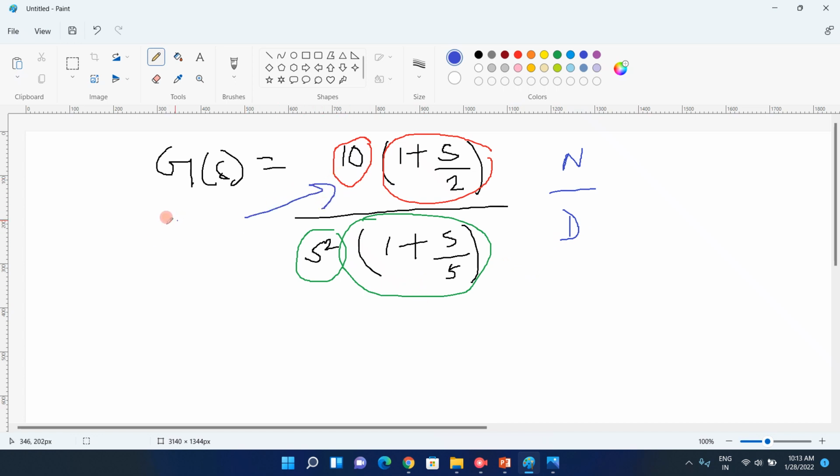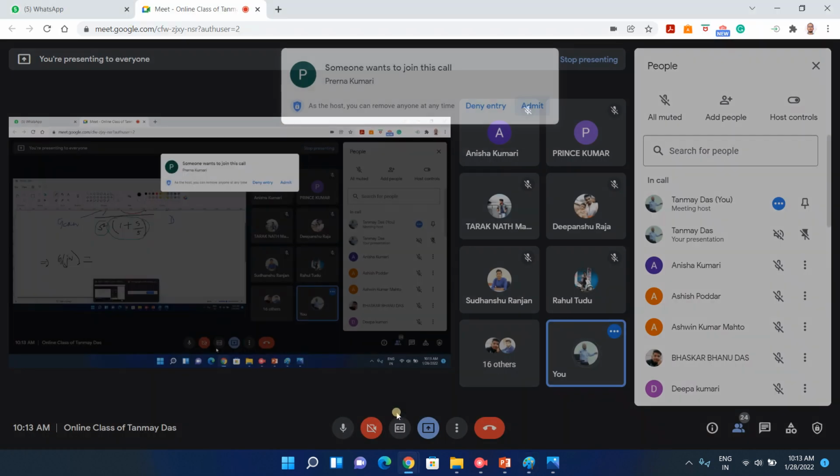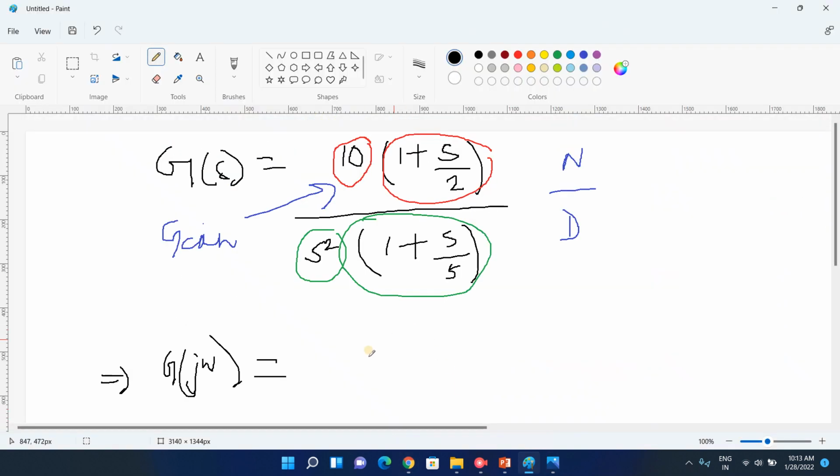In the numerator part, we generally have the gain. This is called the gain. Now the next step is you have to represent it in j omega, the frequency domain.